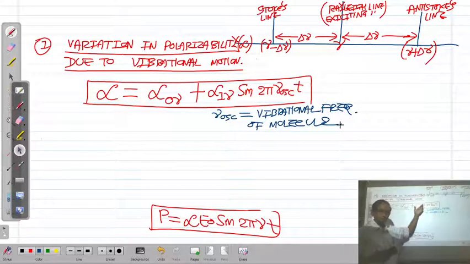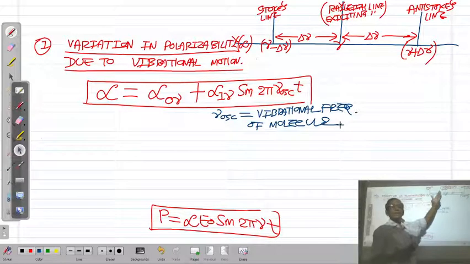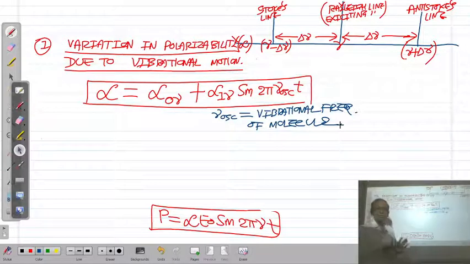According to this equation, the polarizability of the molecule is varying due to the vibrational motion of the molecule.